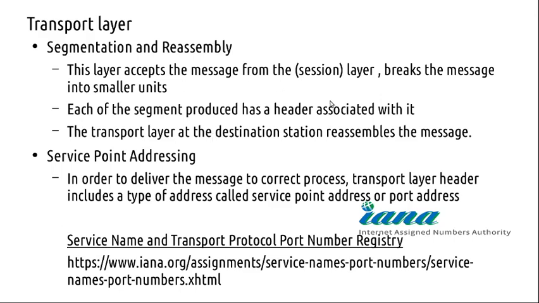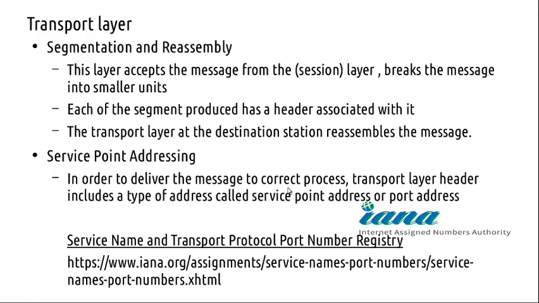It accepts messages from the session layer and breaks the message into smaller units, with headers, as I mentioned from this picture. Then there is one particular role, service point addressing, which is a very important task.